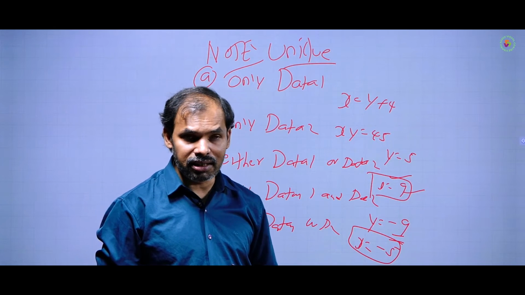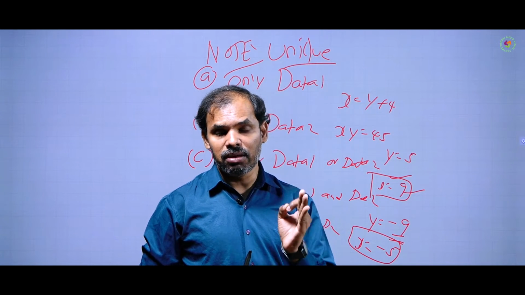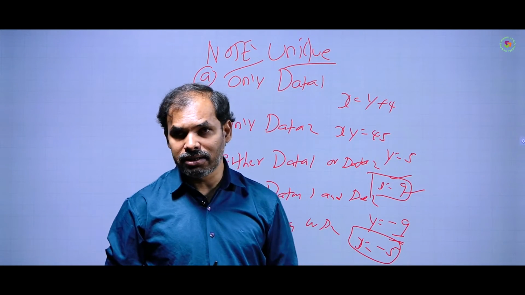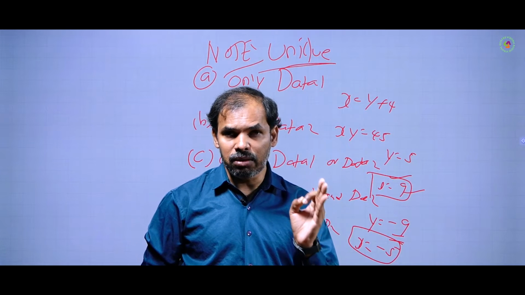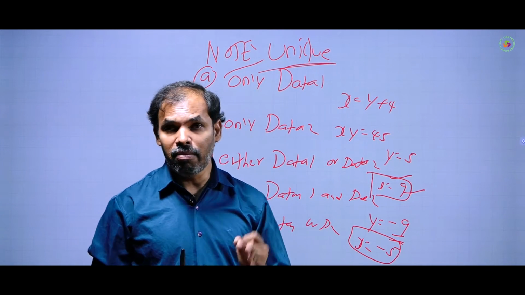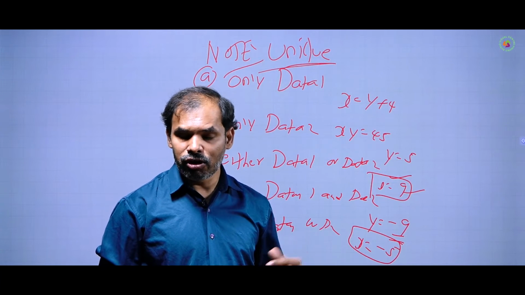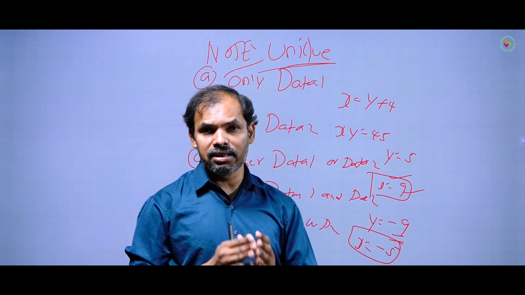In the entire data sufficiency topic, remember this point: it is not important to get the answer, the answer should be unique. Unique answers are only valid, multiple answers are not valid.